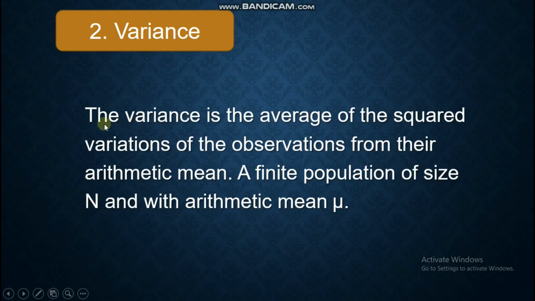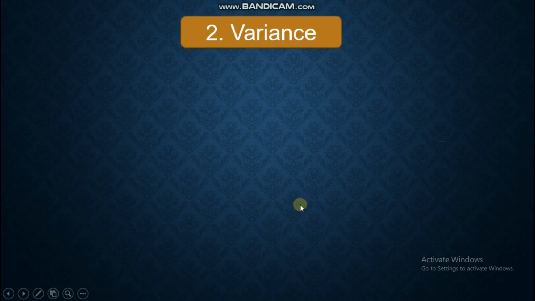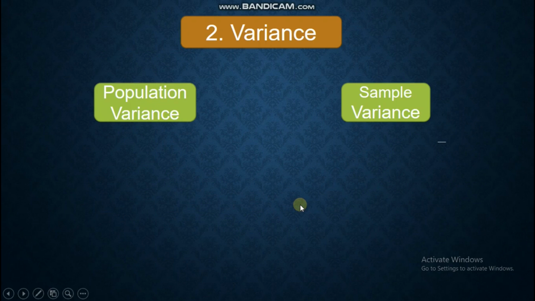Variance. The variance is the average of the squared variation of the observations from their arithmetic mean, for a finite population of size n with the arithmetic mean. We have two formulas for variance: population and sample variance.